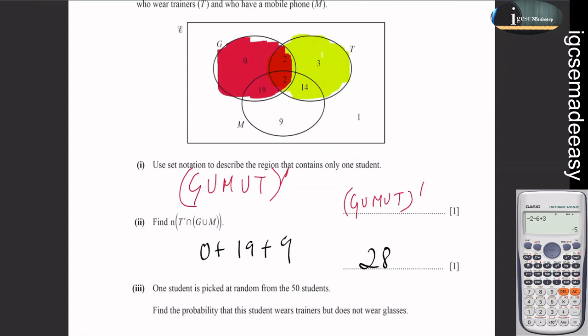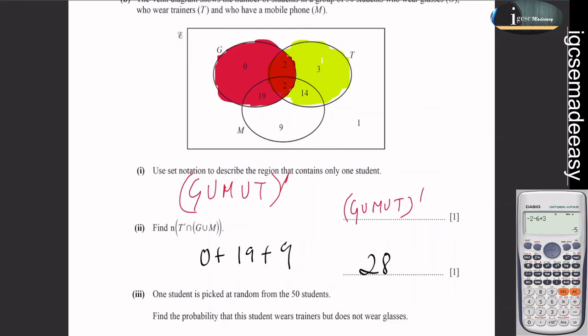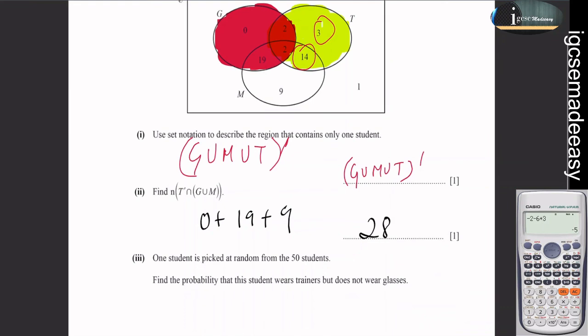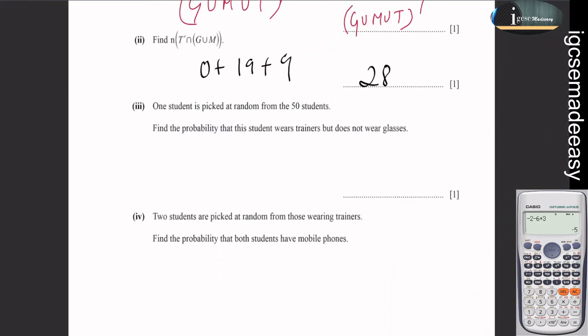So out of 50 he is selecting. They are not only talking about trainers, right? He cannot wear glasses, but he can use the mobile phone also, right? So this 14 is, so what is the value out of 50? 14 plus 3 is the actual value we have to add, because trainer but does not wear glasses.